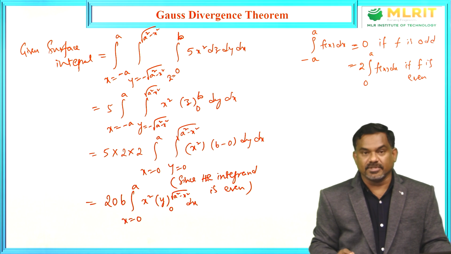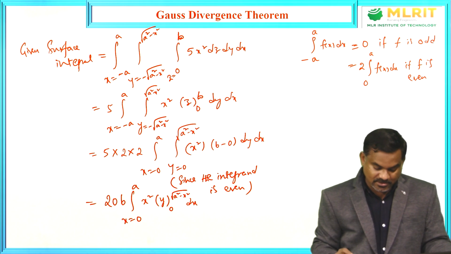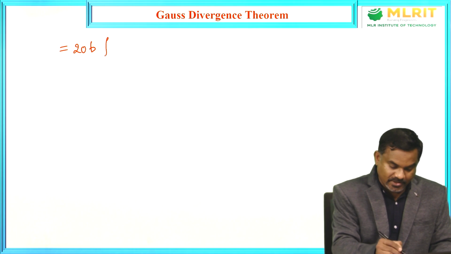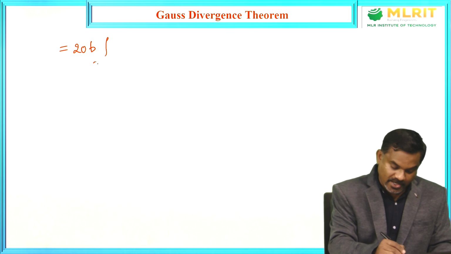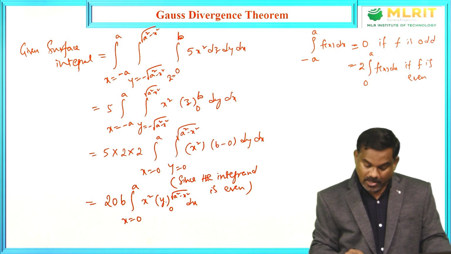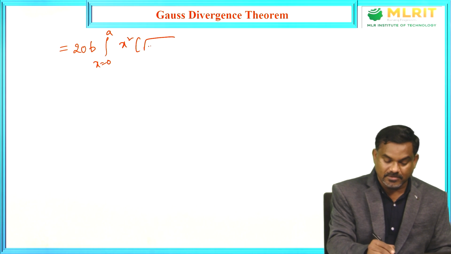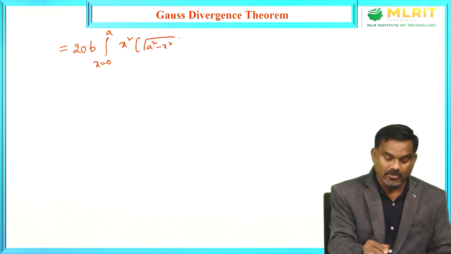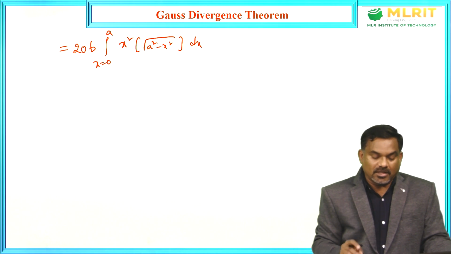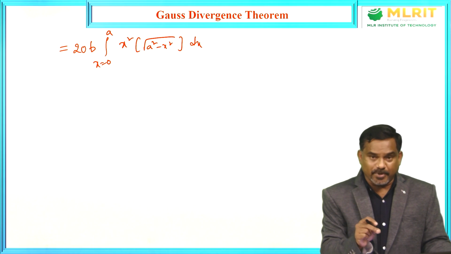So 2 times, integration is over, and hence that is equal to 20b into integral from x from 0 to a, x square into, now upper limit is root a square minus x square, lower limit is 0, dx. Now the third time integration is with respect to x.